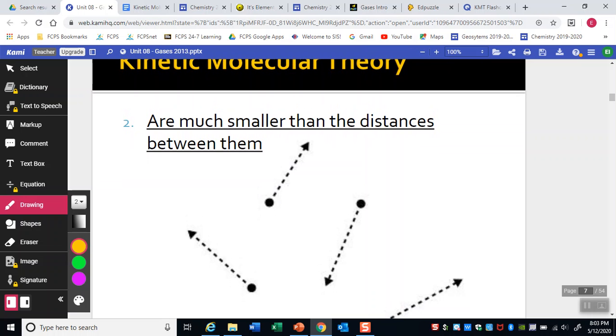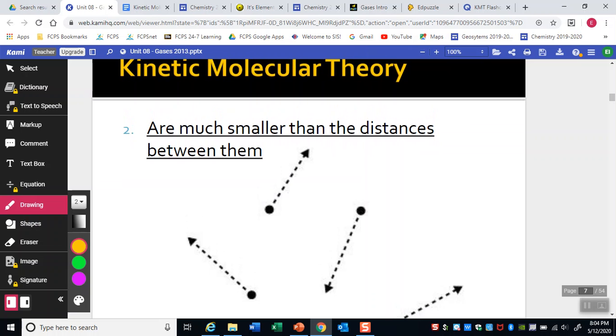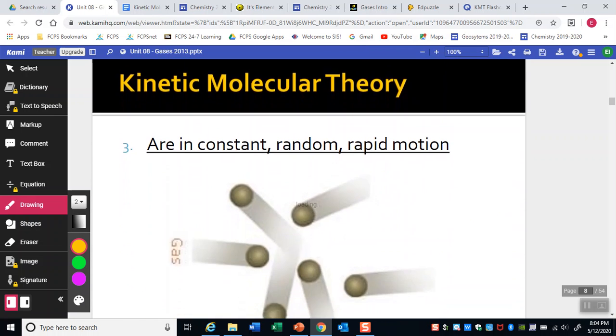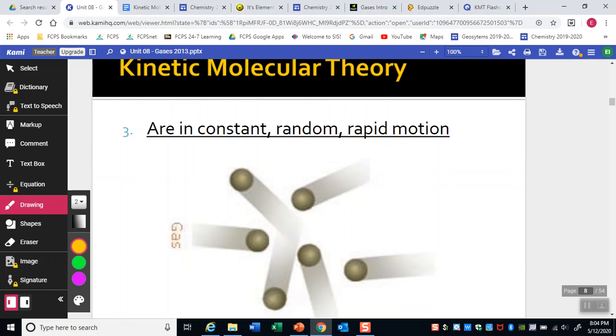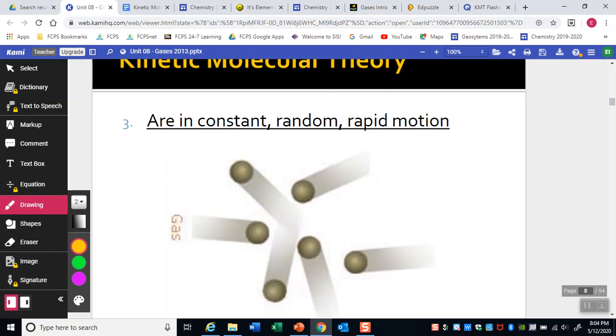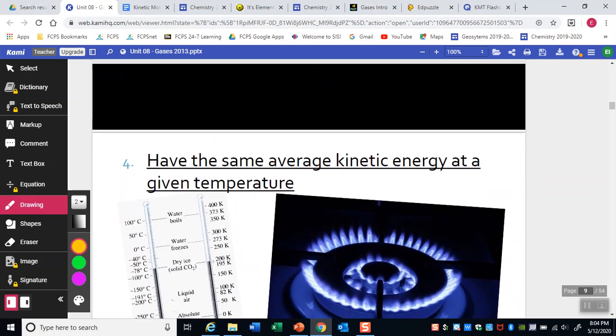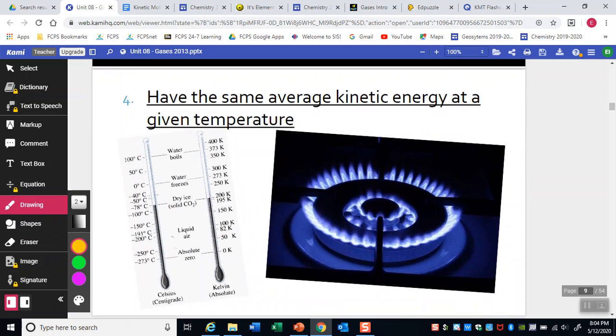So you have your little gas particles, and the distances between them are enormous compared to the size of the gas particles. They are in constant, random, rapid motion. They have the same average kinetic energy at a given temperature.